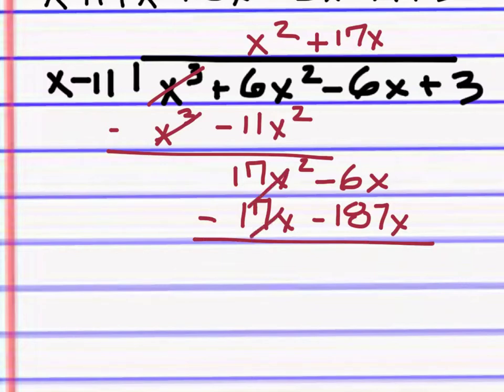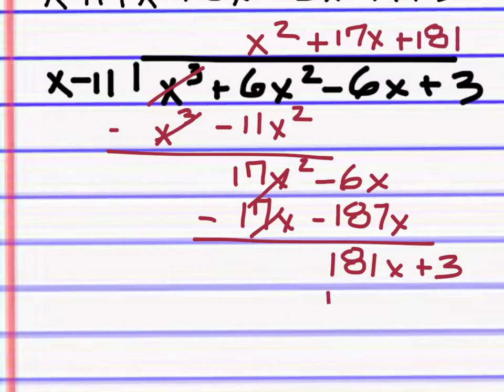Negative 6 minus a negative 187 is going to be a positive 181x, and then we'll drop the 3. And clearly you're going to have to multiply by 181 to get 181x, and then 181 multiplied by 11 is going to be 1991.